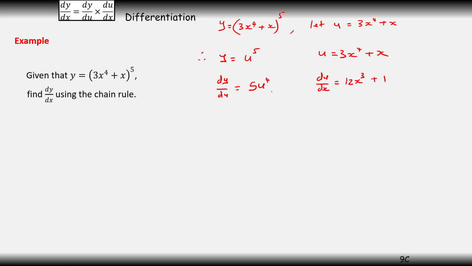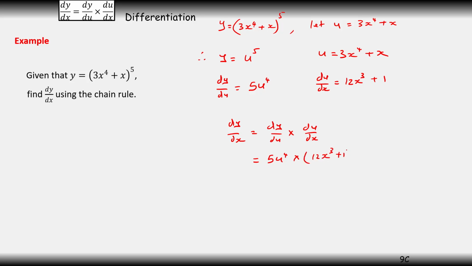So that's how our new function has interacted with y and x. So our chain rule is dy by dx is equal to dy by du times du by dx. So dy by du is 5u to the power of 4. I'm going to multiply that by du by dx, which is 12x cubed plus 1.